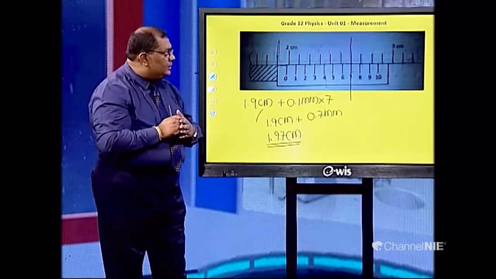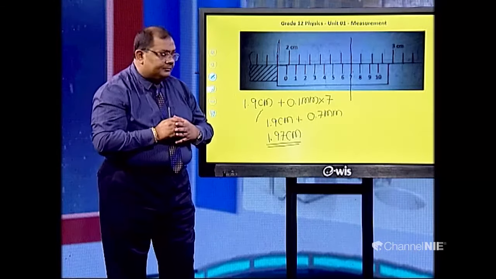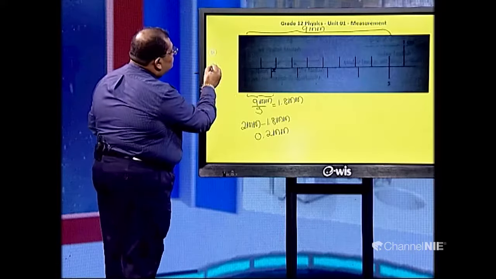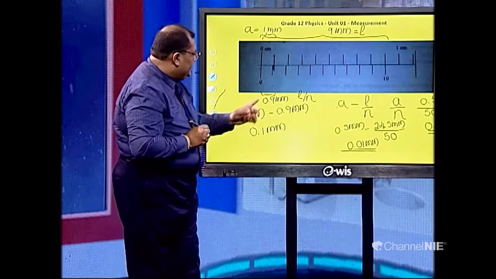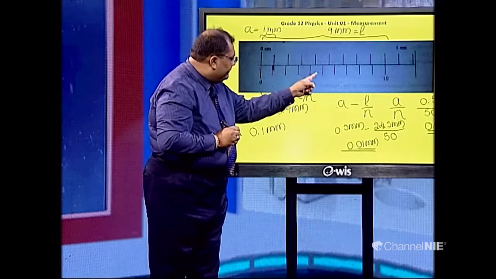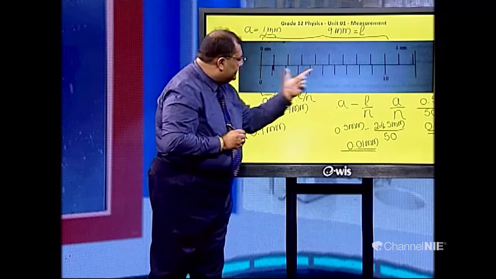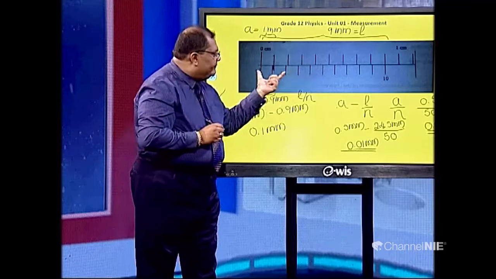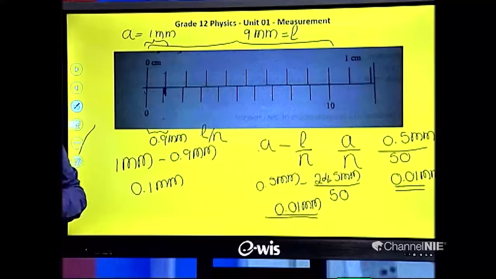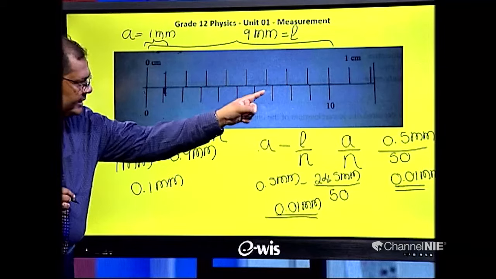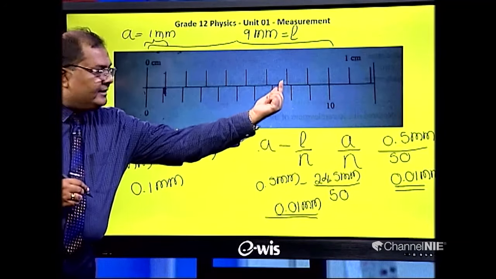As I did before, you can see, but anyway, I can explain that also. Here 1, 2, 3, 4, 5, 6, 7. If the seventh one goes from here to here, the distance travelled by the vernier is equal to 7 into the least count. Seventh one coincides with this.